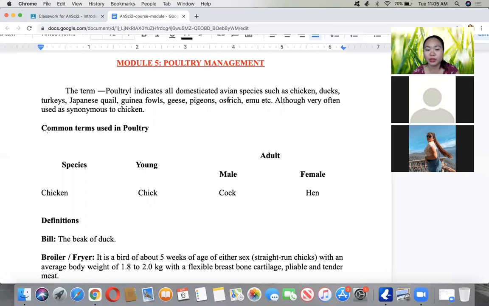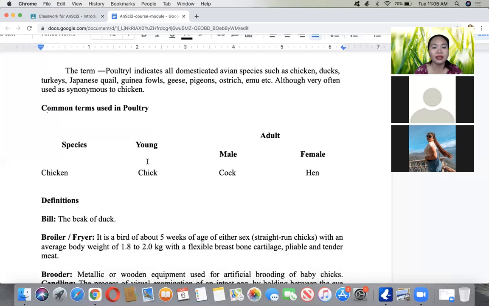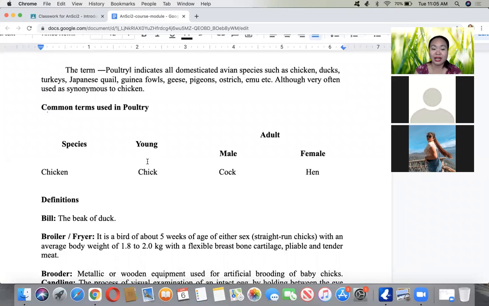We call them as a group avian if they belong to the winged animals, such as the chicken, ducks, turkeys, quail, even the guinea fowls, geese, pigeons, the ostrich, emu. When we say poultry, they are all synonymous with the term chicken, so not only chicken, Gallus domesticus in scientific name.